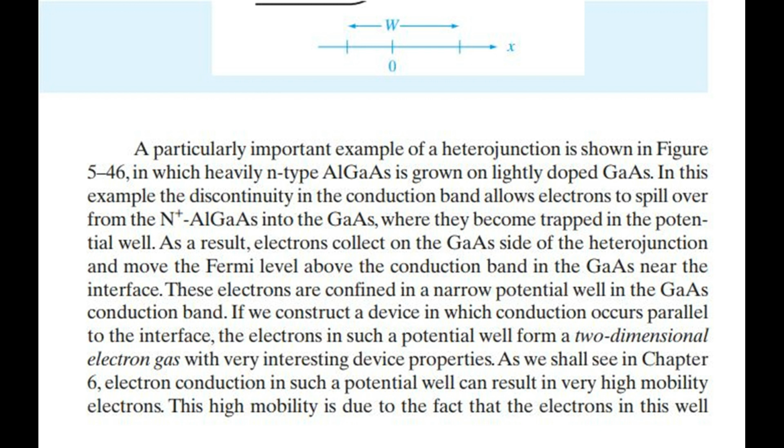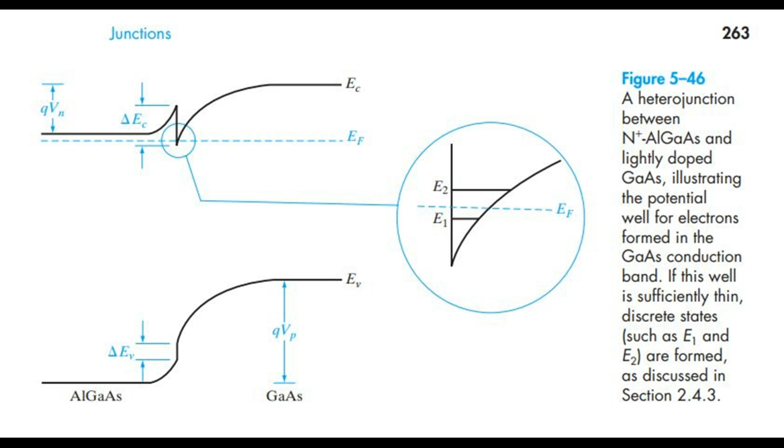This high mobility is due to the fact that the electrons in this well come from the aluminum gallium arsenide, and not from doping in the gallium arsenide. As a result, there is negligible impurity scattering in the gallium arsenide well, and the mobility is controlled almost entirely by lattice scattering, phonons.